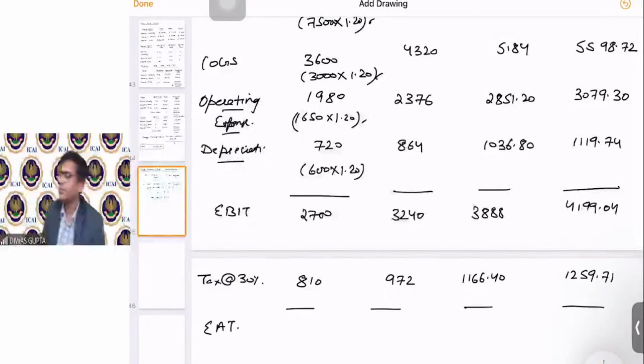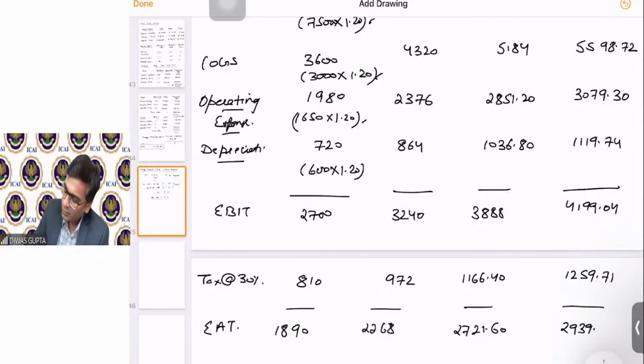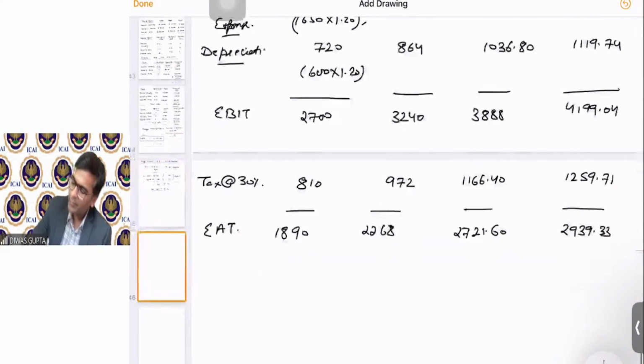Earnings after tax. Right. So it becomes 1,890, 2,268, 2,721.60, 2,939.33.